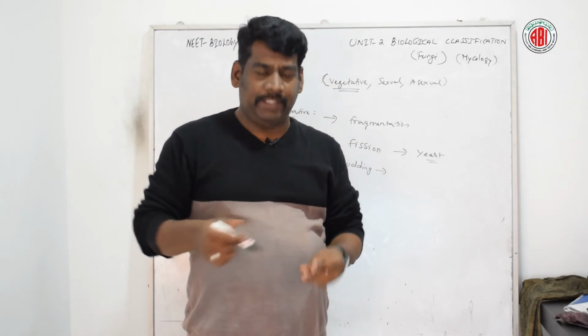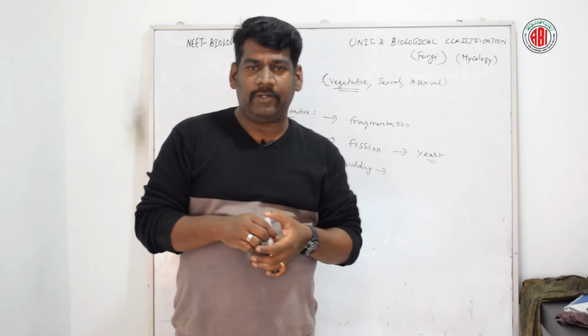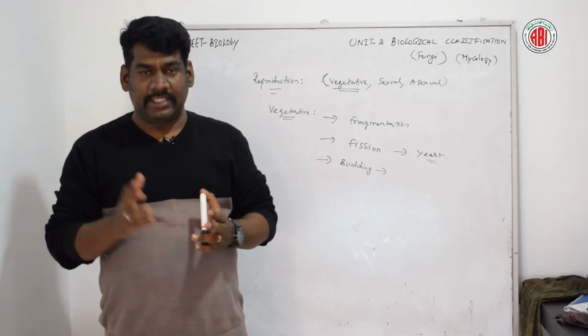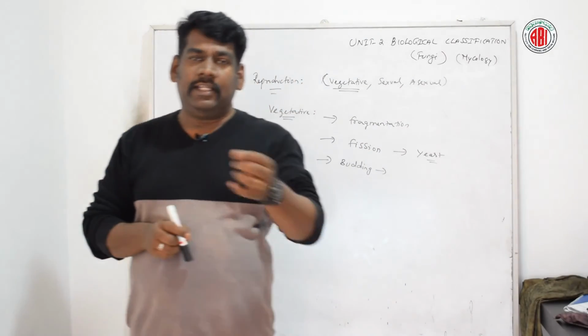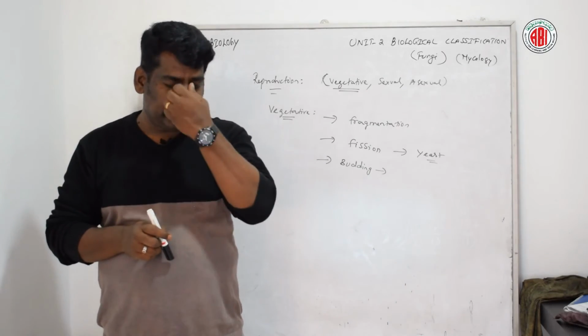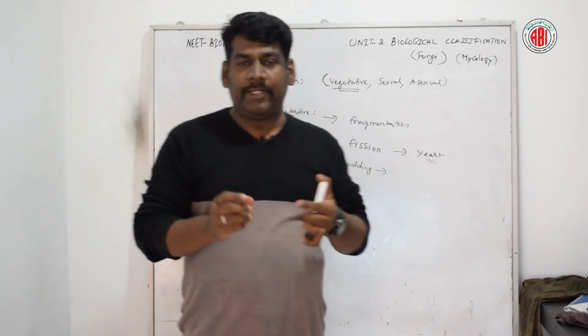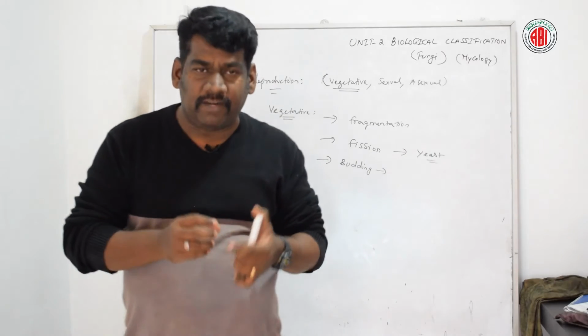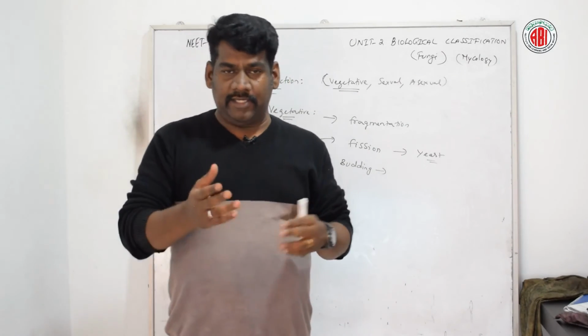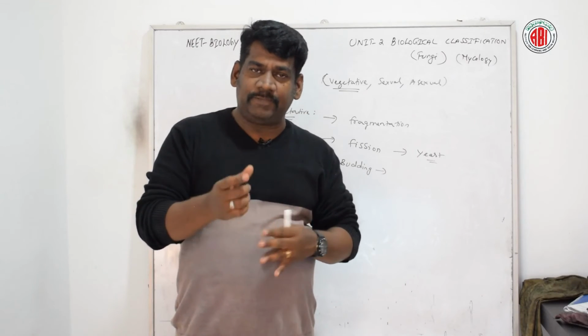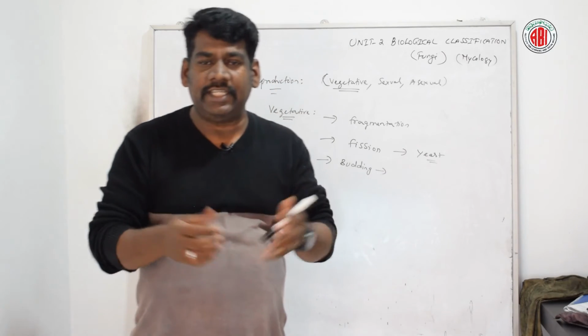Budding is nothing but, in this particular case, a cell develops a small bud-like structure on the surface or the corner of the cell wall, and this small bud-like structure will develop into a small cell called the daughter cell. Later the size of this bud starts increasing.